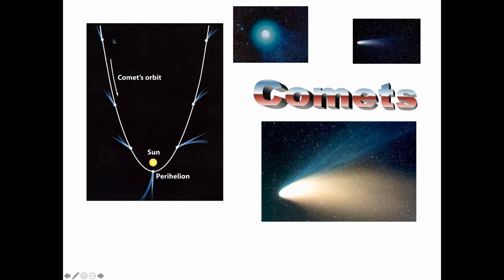If you're looking at this picture on the top left here, we're looking at a comet that's coming in from the top left of this U-shaped orbit. You can see the tail growing and growing in size, but the direction of the tail is always kind of away from the sun, not trailing behind the comet itself.